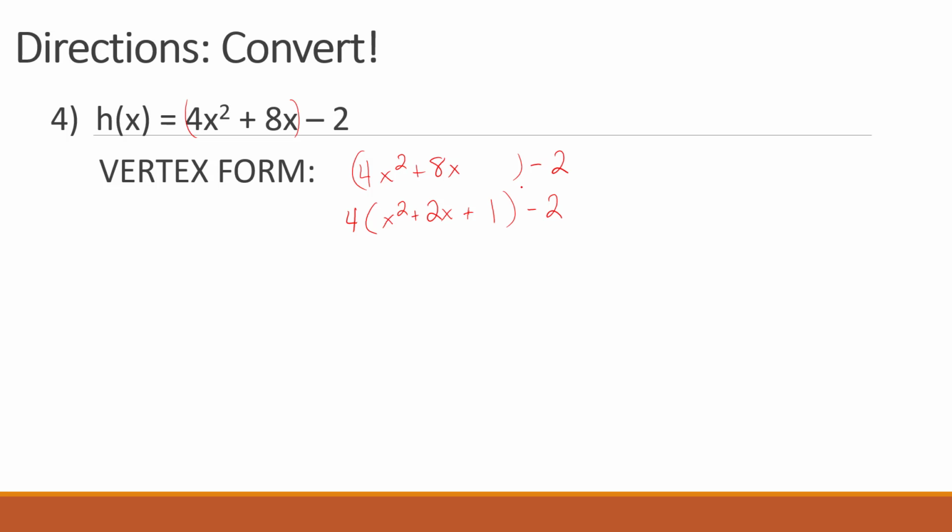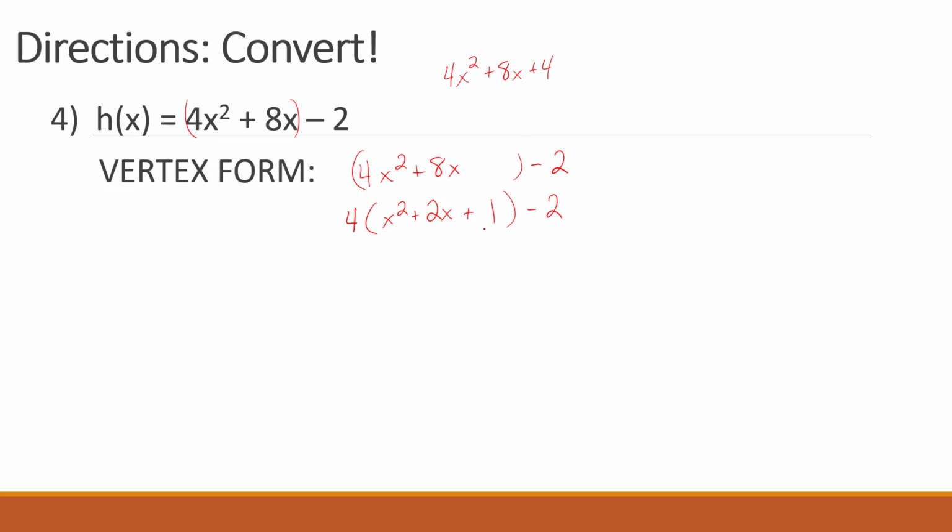But let's be careful to think about how much we've really added to this side of the equation. If I were to distribute 4x squared, 4 times 2x is 8x. Well, those two match, don't they? What about 4 times 1 plus 4?